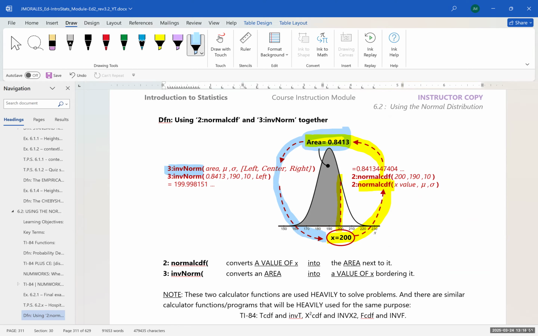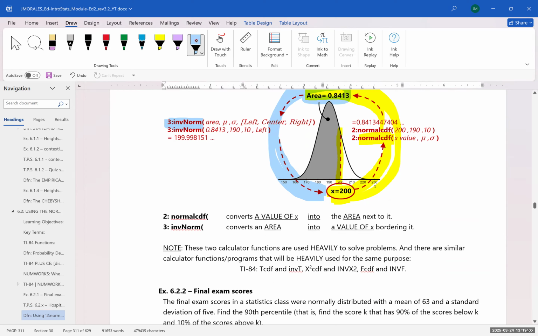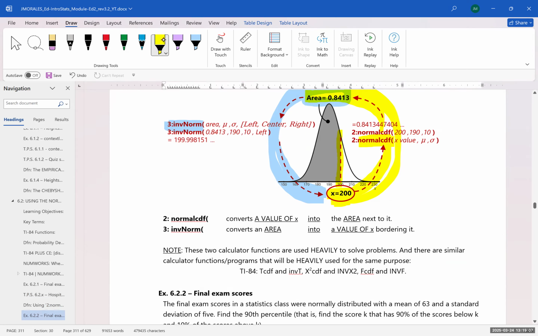One takes you from a value of X to an area, and the other takes you from an area back to a value of X. Normal CDF converts a value of X into an area next to it. An inverse distribution function, or inverse norm, converts an area into a value of X bordering it.